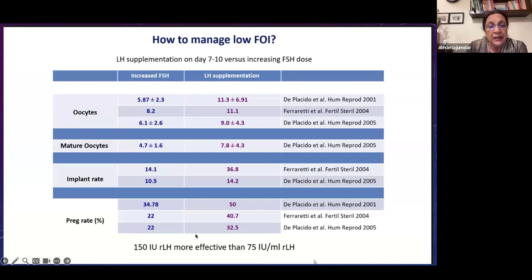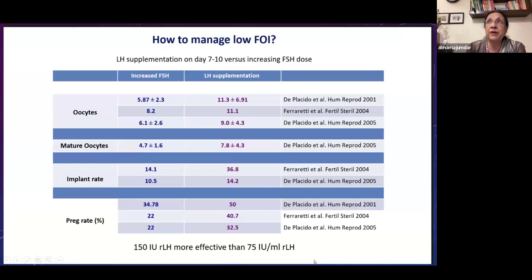And you find that if you look at the pregnancy rate, LH supplementation really helps more than just increasing the FSH dose. It is very important that if you are using 300 units of FSH already, then 150 units of LH is more effective than just giving 75 international units of LH.